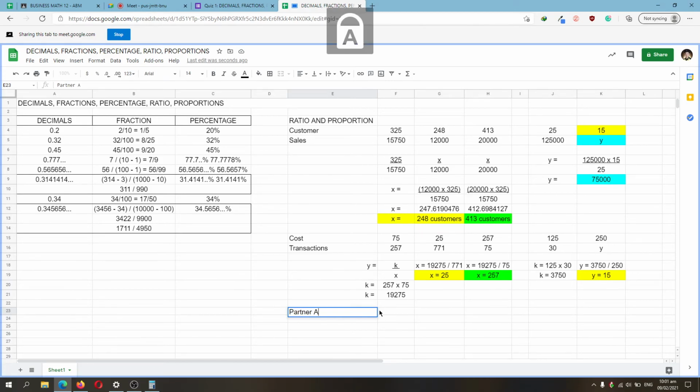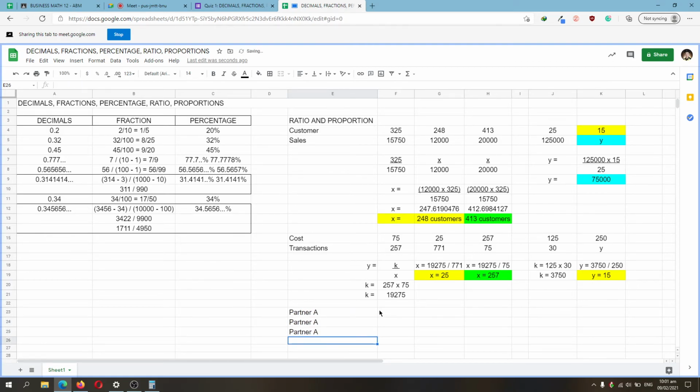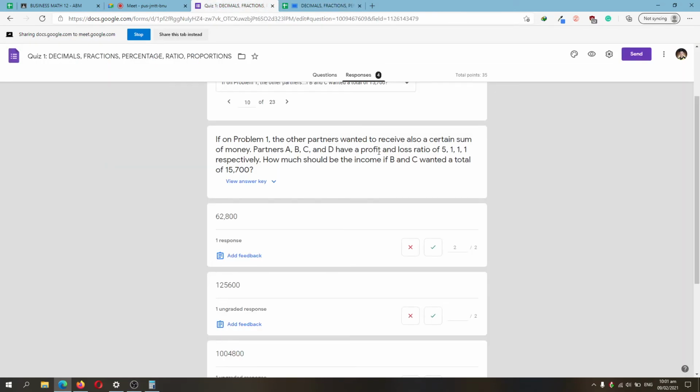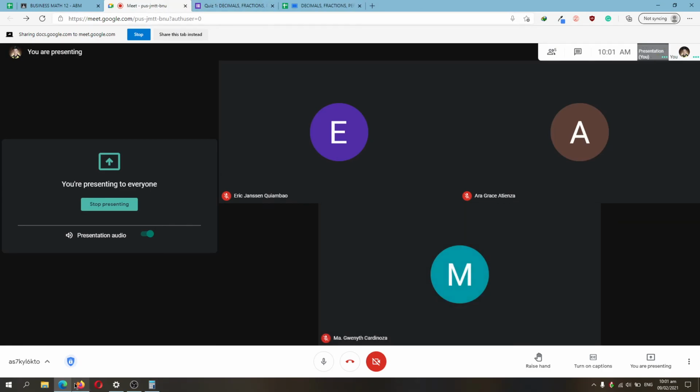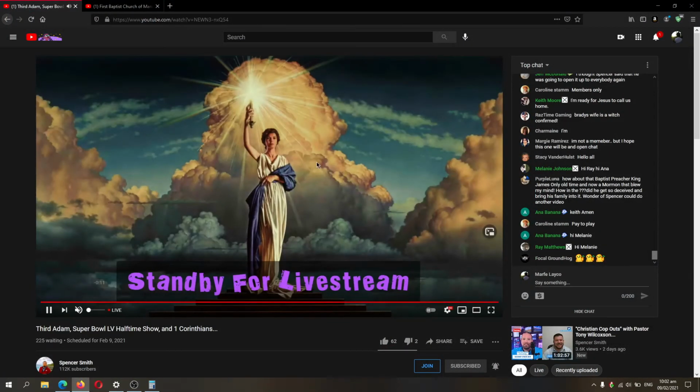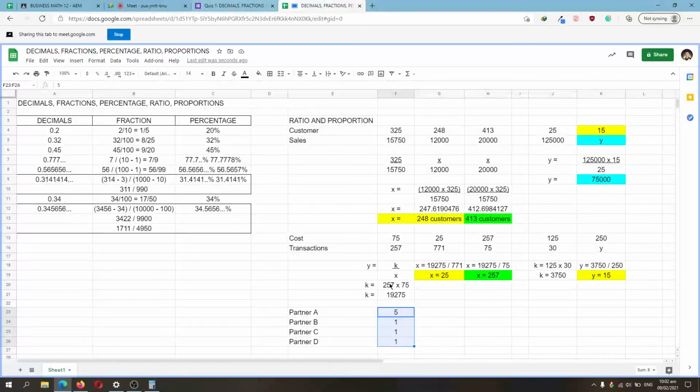Partner A, partner B, partner C, and partner D. Ngayon, sabi niya dito, profit and loss ratio 5-1-1-1. So, meron silang 5-1-1-1. Ang total nito is 8, di ba?